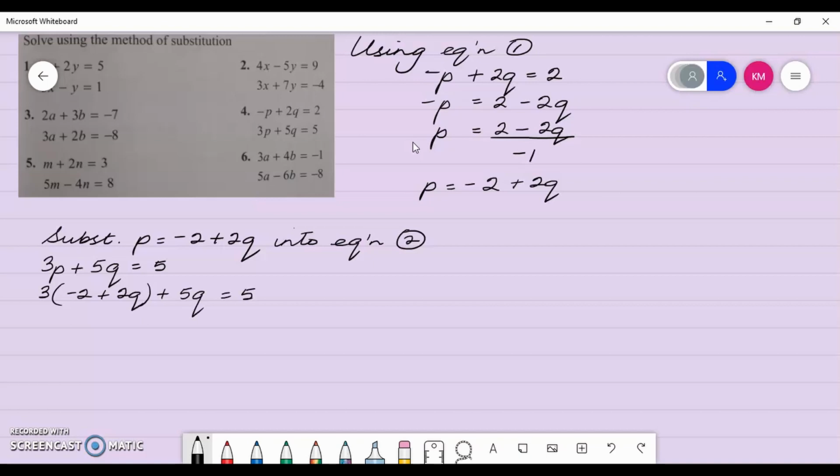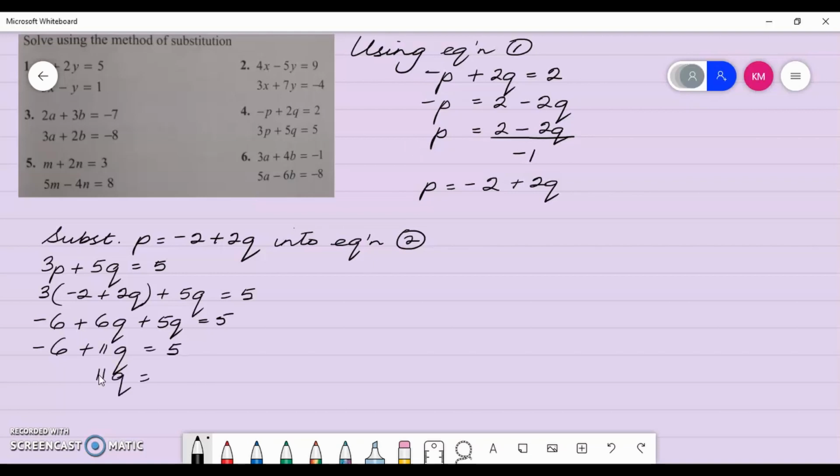That 3 is being multiplied there, so it becomes negative 6 plus 6q plus 5q is equal to 5. I can add those two terms in q, and I'm going to get negative 6 plus 11q is equal to 5.